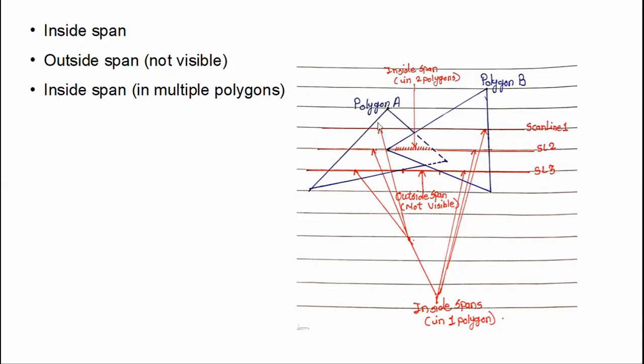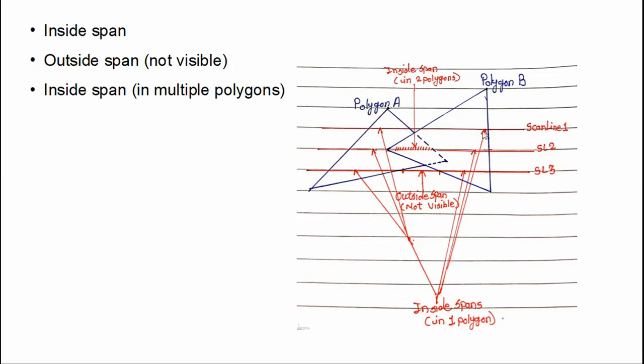So I can say that the span of this scan line 1, this is for polygon A, and this span is of polygon B. So this span is inside polygon A, and this span is inside polygon B. This is called the inside span. It is contained in one polygon.